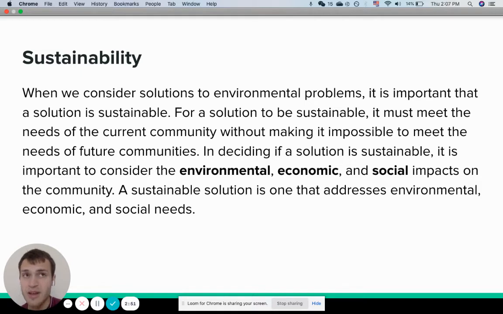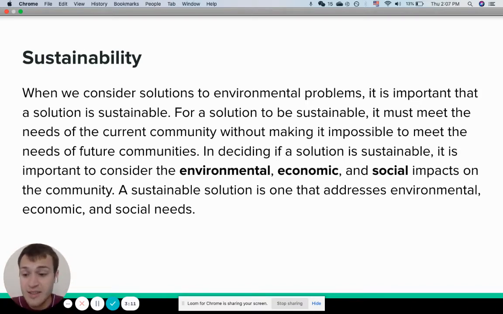So we can think of sustainability kind of as kind of like good. If a solution is sustainable, that means it's good. And for a solution to be good, it must meet the needs of today.